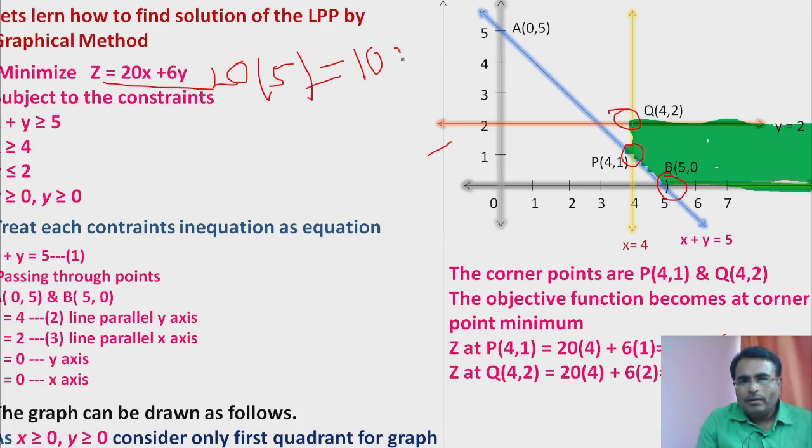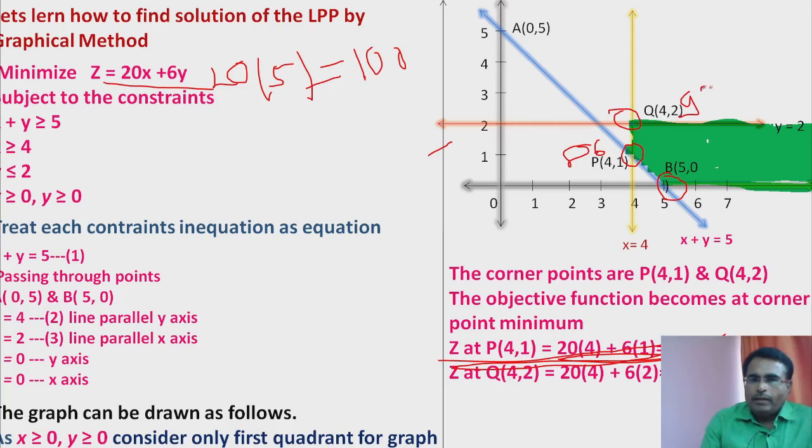So that's why at point B we do not get the minimum value. The minimum value is present at this point P: at P you get 86, at (4, 2) you get 92, and at B you get 100.